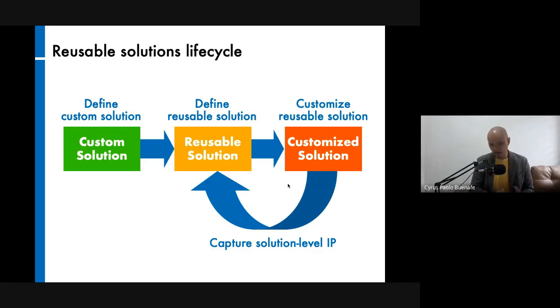Perhaps the idea is the idea of modularity. I mean, you can come up with modular solutions because they're modular, their potential for reuse is high. And then later on, when you come up with reusable solutions, you can now customize those reusable solutions and then capture specific intellectual property around it. And like I said, you can even commoditize it.